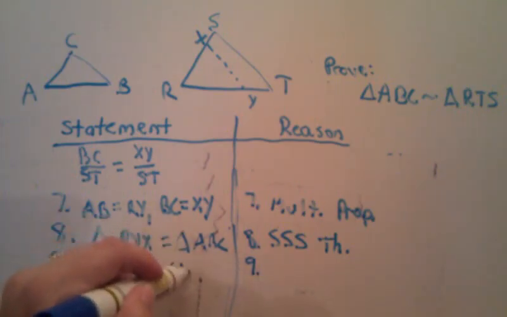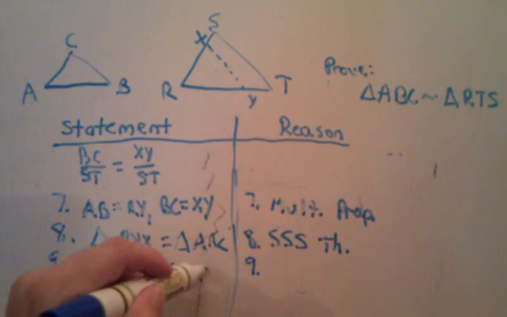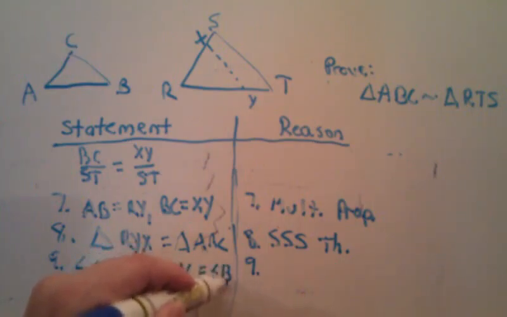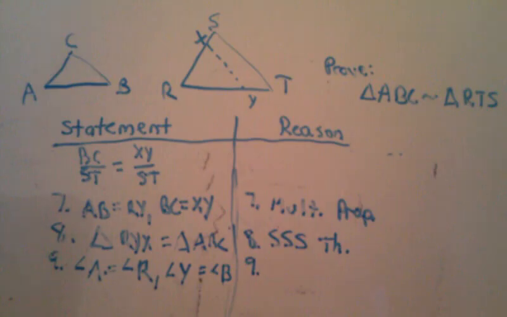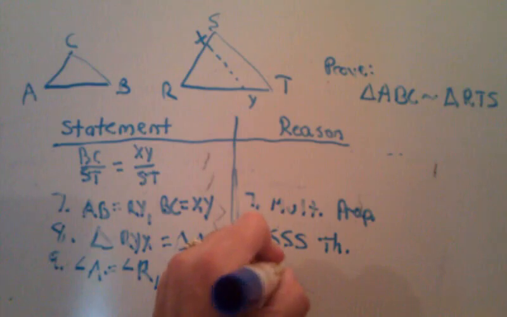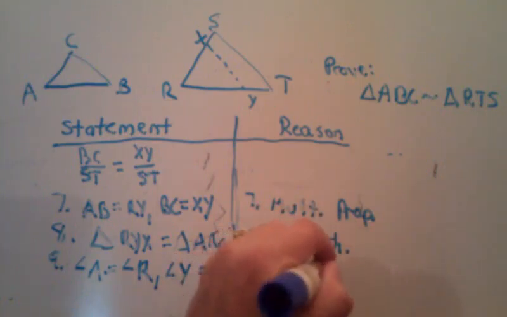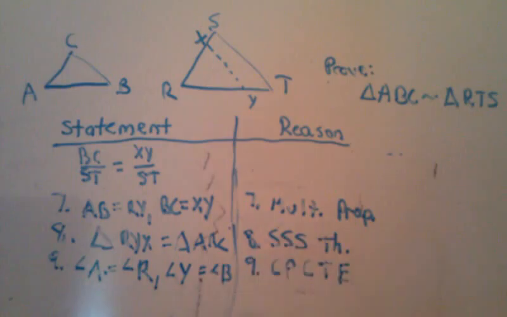Angle Y, the second one equals angle B. Okay, and that's the CPCTE. Corresponding parts of congruent triangles are equal. Okay.